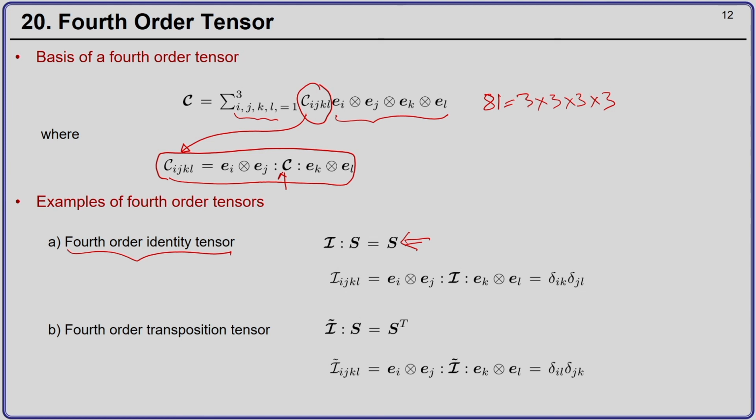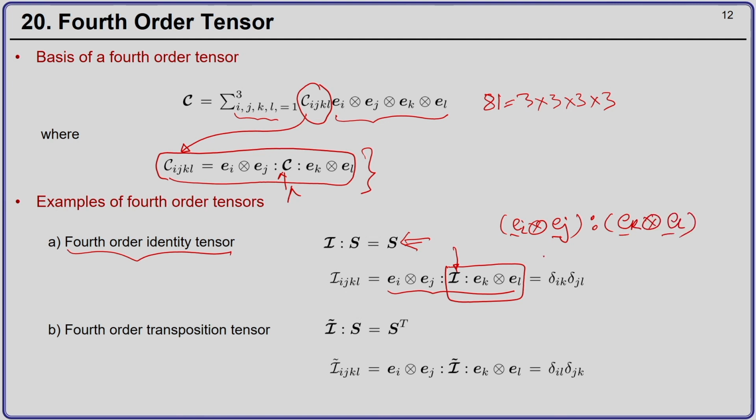Okay. Once you have this property and you know this relation over here, you can get the components of this fourth order identity tensor. So, this is the relation. Instead of C here, you just substitute the fourth order identity tensor, and then you can use the property that I contracted with E_k tensor product E_l will give you nothing but E_k tensor product E_l, and then you have E_i tensor product E_j double contracted with E_k tensor product E_l.